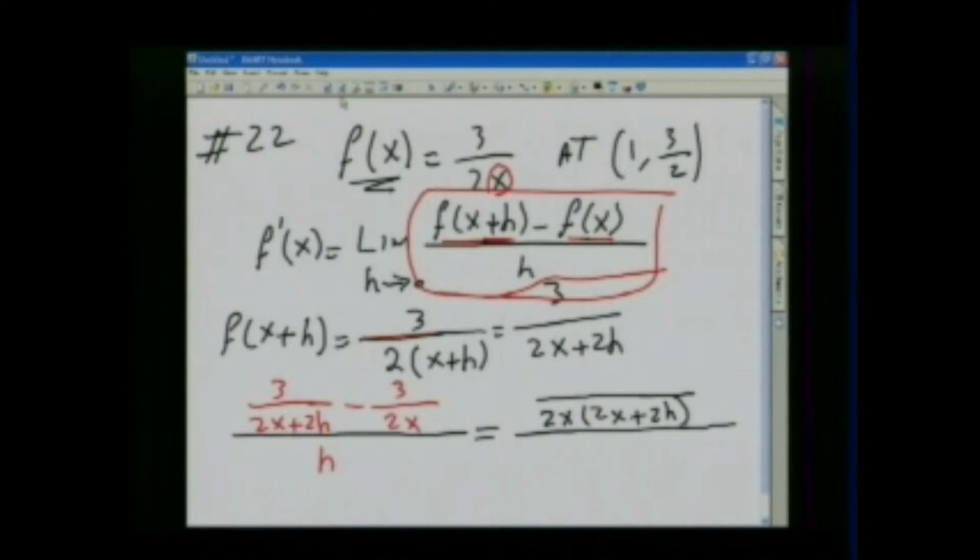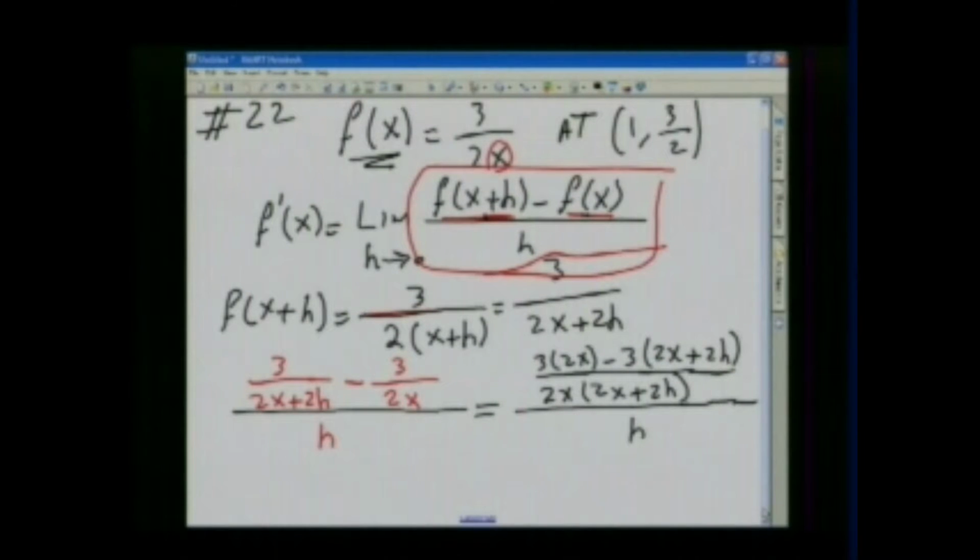The numerator here would be 3 times 2x minus 3 times 2x plus 2h. The whole thing divided by h.